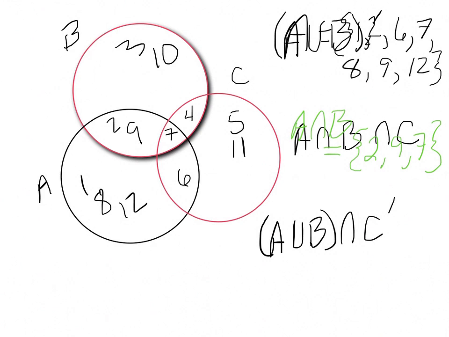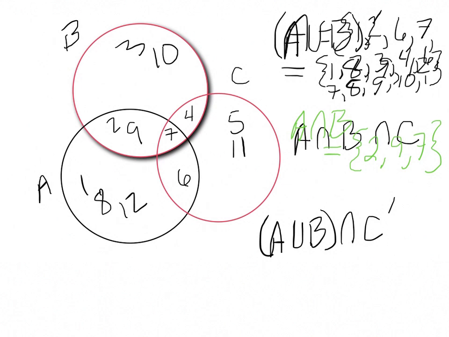Okay, so the first one is A union B, complement. So A union B, I'm going to do this just like we did before, but I'm going to find A union B first, and that's all the elements in A and B. So that's 1, 2, 3, 4, 6, 7, 8, 9, 10, and 12.